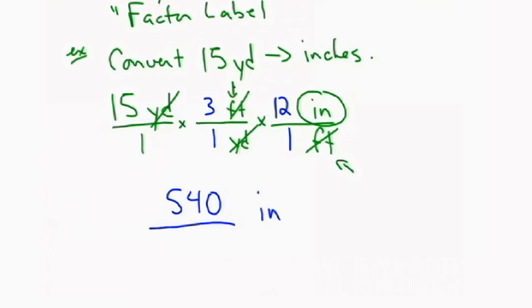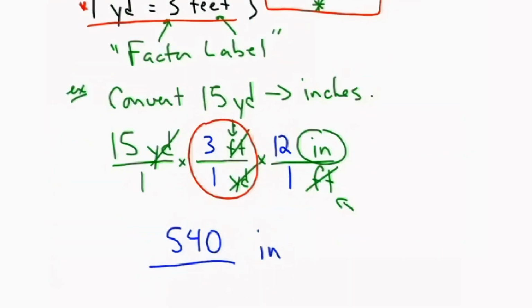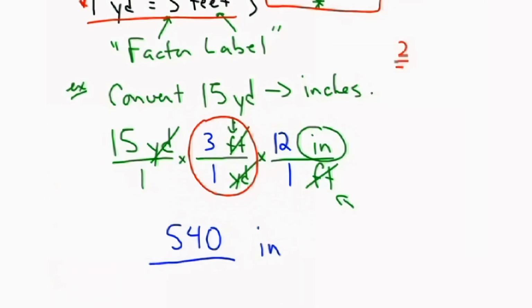Now, the only other thing I want to point out before I do the next example is if you look at these values here, 3 feet over 1 yard, because they are equal, really, that's like multiplying by a fraction that's equal to 1. The same idea if we took a fraction like 2/3 and we could times it by 1 over 1, when we got our common denominators, and that didn't change the fraction. We still got 2/3.